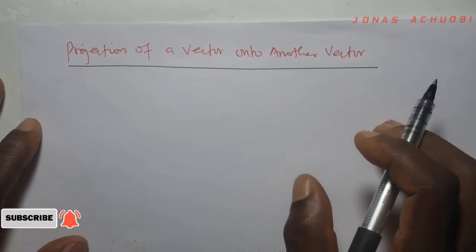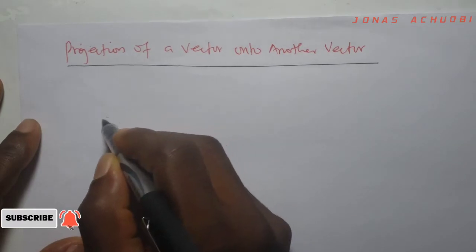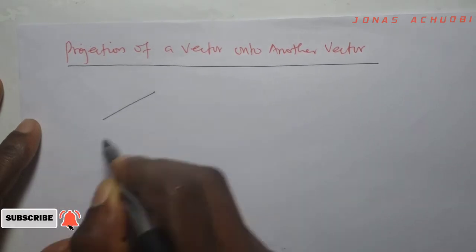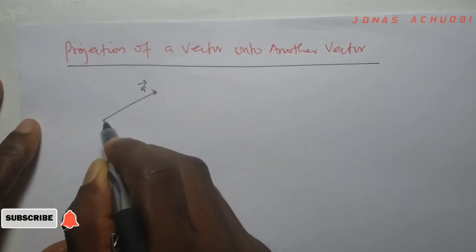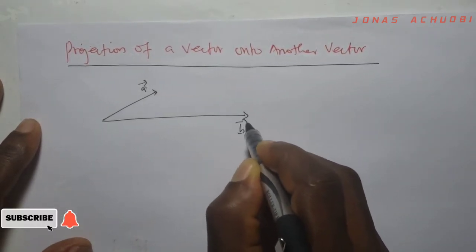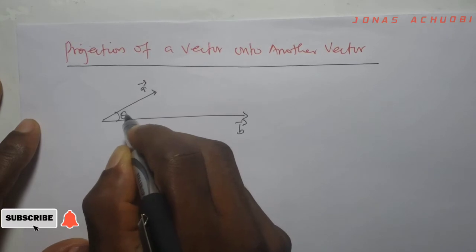So let us consider the following geometric idea: vector A and vector B inclined at an angle theta.